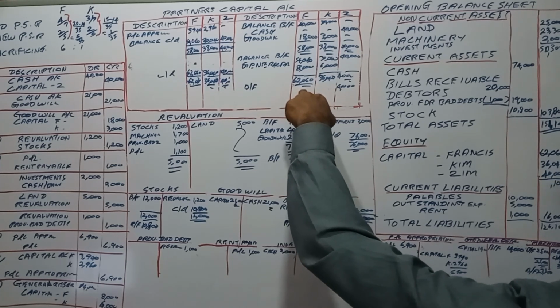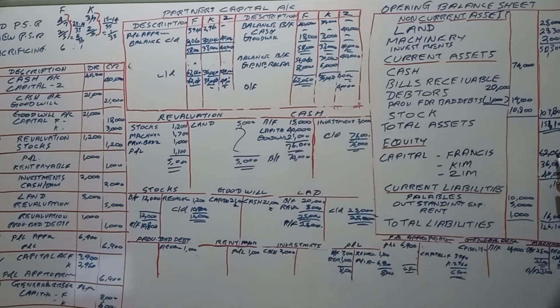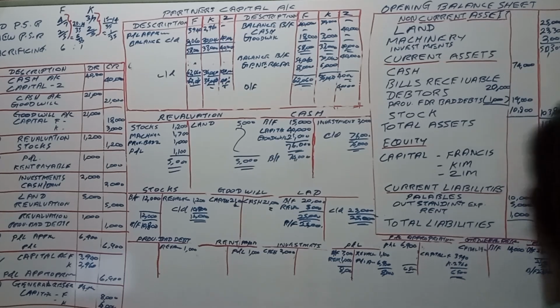And total 138, minus 16, right? Then the total is 154,000 and 100, 154,100.